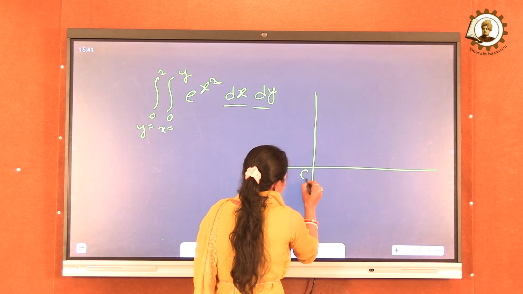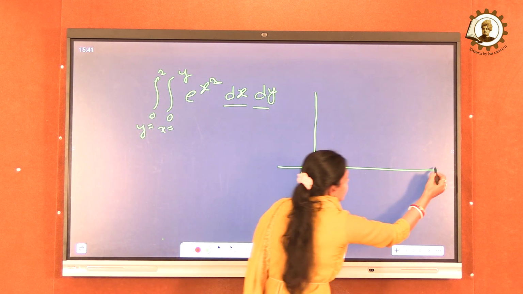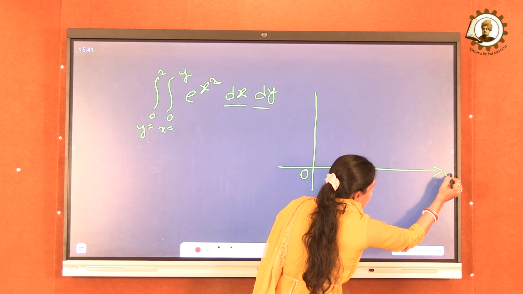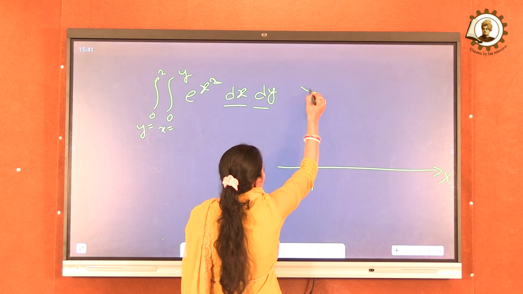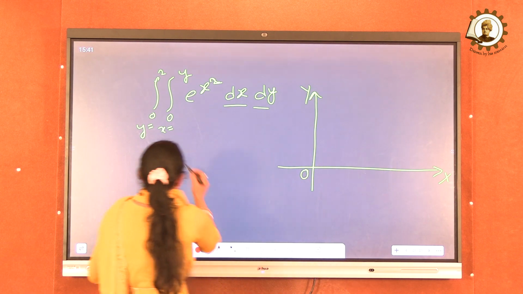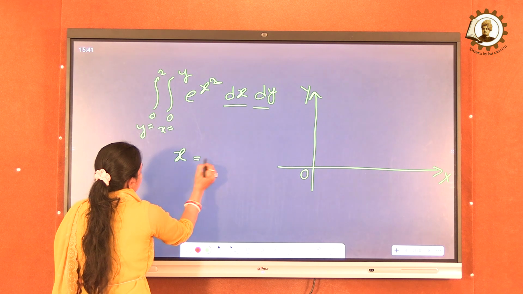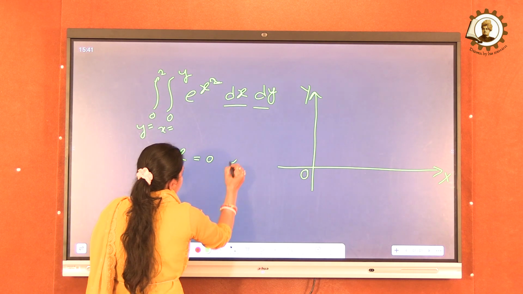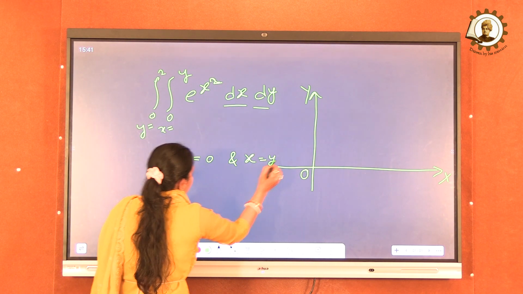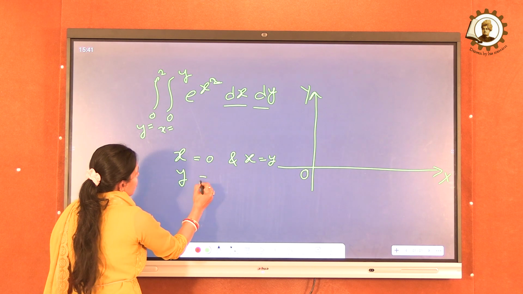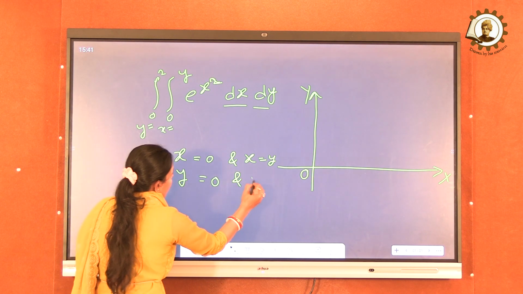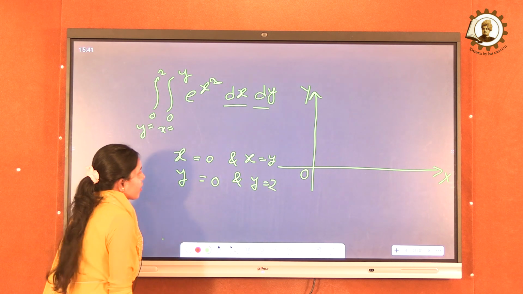Here we plot the graph. Origin, and here it is the x axis and here it is the y axis. So our region is x equals 0 and x equals y, and this region is enclosed by y equals 0 and y equals 2.